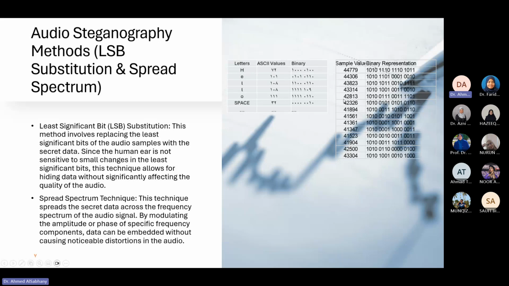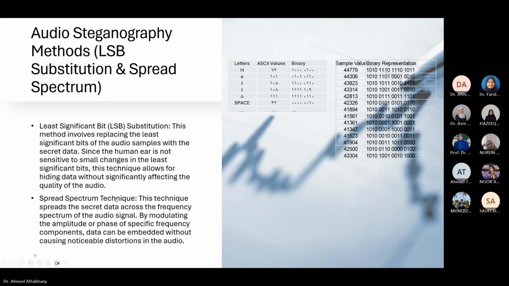So these are the audio sample values, and these sample values will be represented in binary representation. Finally, for each bit over here, we will use one sample in the audio signal to replace one bit.